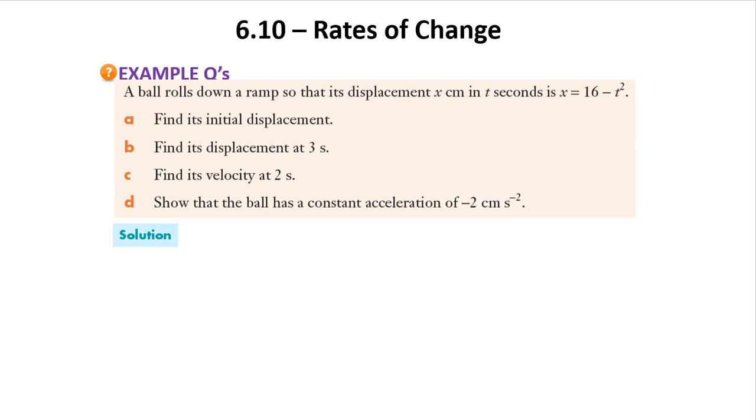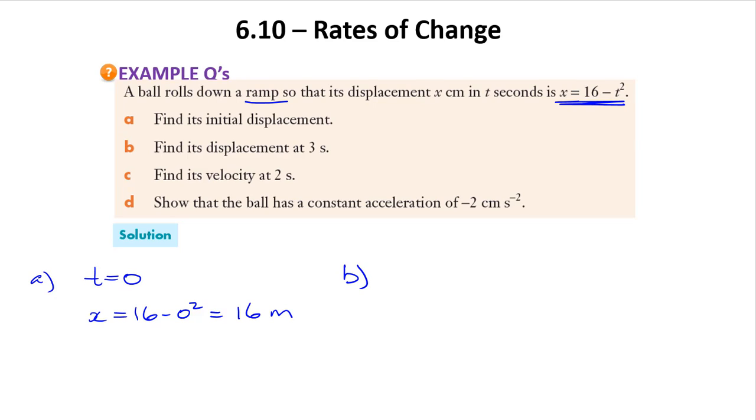A ball rolls down a ramp, and its displacement is given by this equation here: x equals 16 minus t squared. Part A, find its initial displacement. We remember from a couple of examples ago, initial always means t equals 0. If we substitute that into the equation, initially this ball is 16 meters from the origin, wherever that may be.